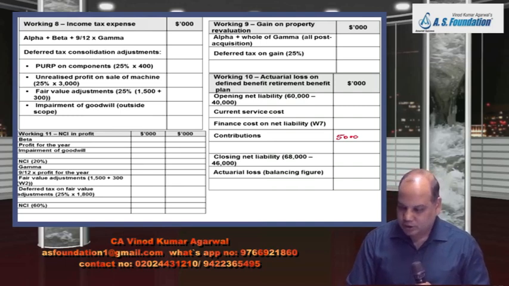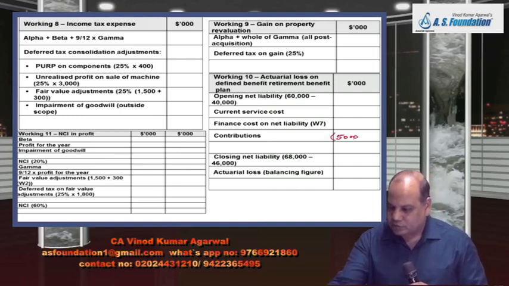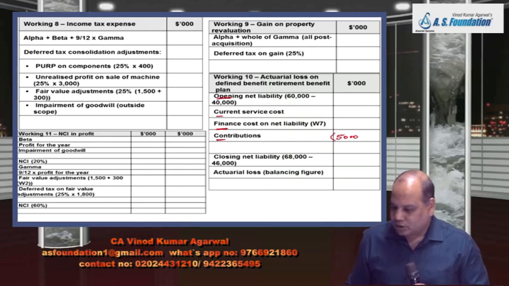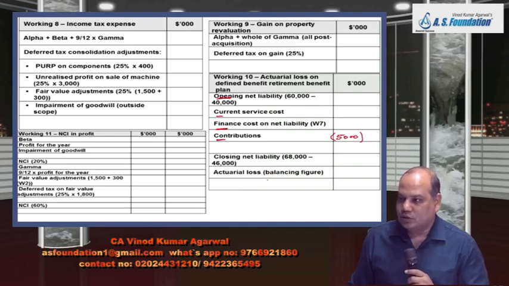Okay, see what is actuarial gain or loss. Opening net liability we will take. To that we'll add current service cost, finance cost minus contribution, and then we'll compare it with the closing net liability. If the book value does not tally with the closing net liability, then the difference is actuarial gain or loss. Refer IAS 19 for this. We'll discuss again.